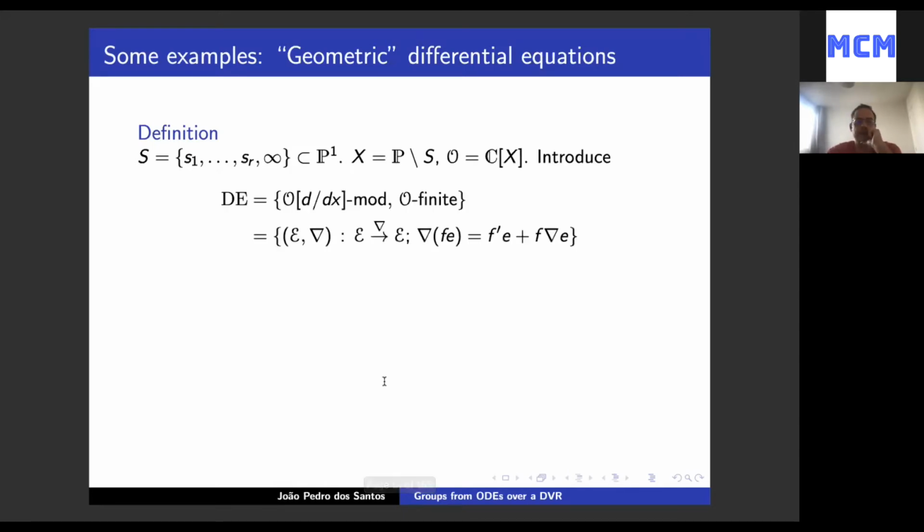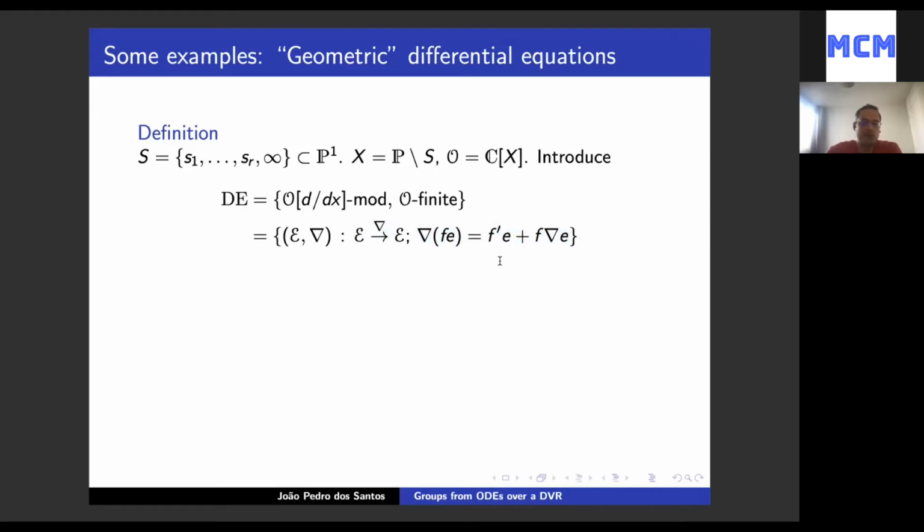And I introduce the category of connections, which are the generalizations of differential equations. I can define them in a simple way: they are C-linear maps which satisfy the Leibniz rule.